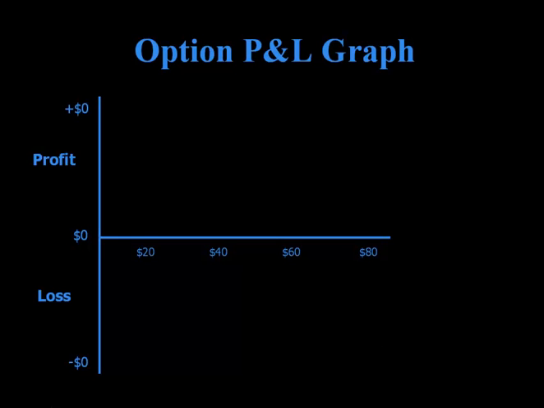And then of course we have puts. If you're long a put, do you remember how that contract looks? Looks like this. The more the contract goes down in price, the more you make with a put because you're bearish. But again, you're limited in your losses, based on the cost of this long put.